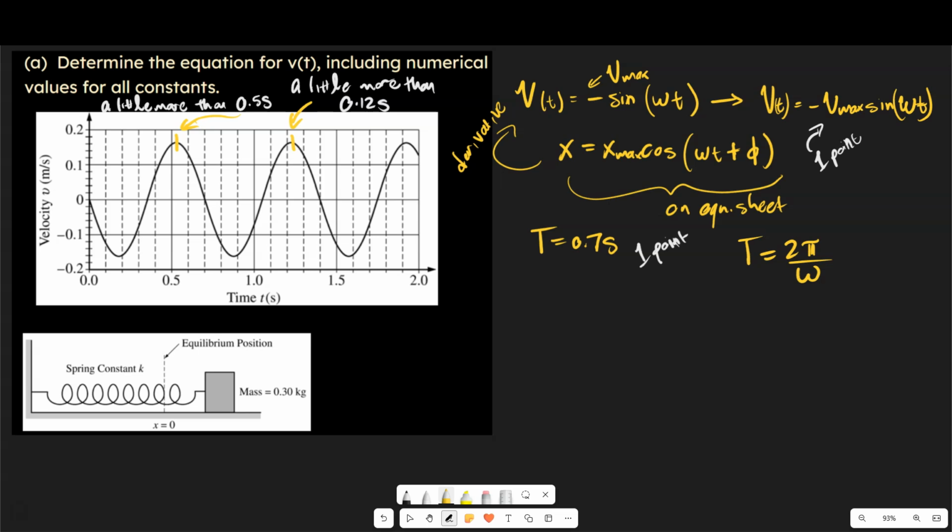So let's solve. We already know what T is. 2 pi are just constants. We don't know what our omega is. So let's solve and isolate for omega. So that would be 2 pi over the period, right? And if we do that, we end up with omega is equal to 9 radians per second. So that is crucial here, and that's also going to get you one more point.